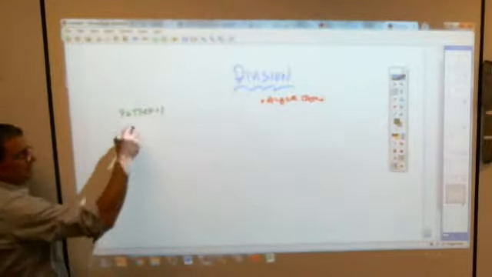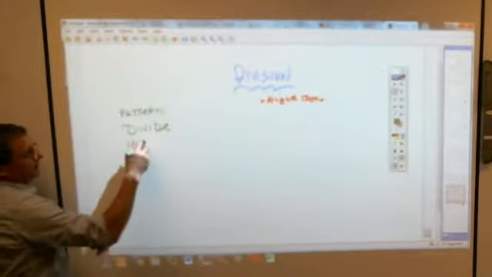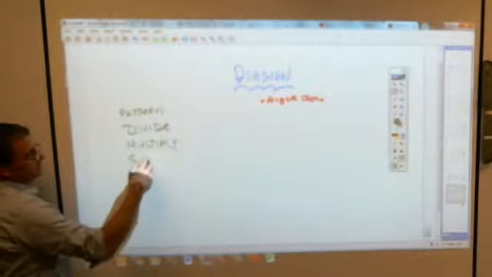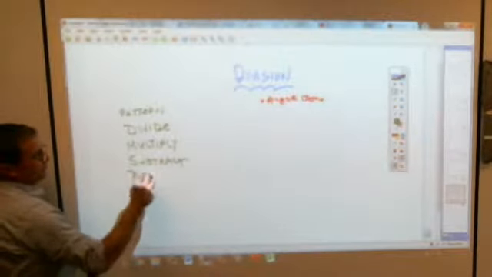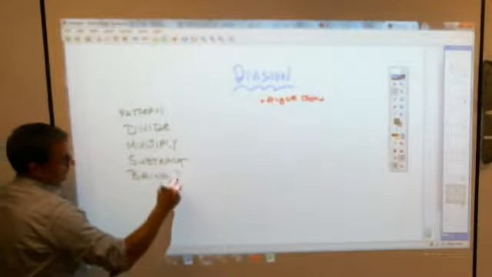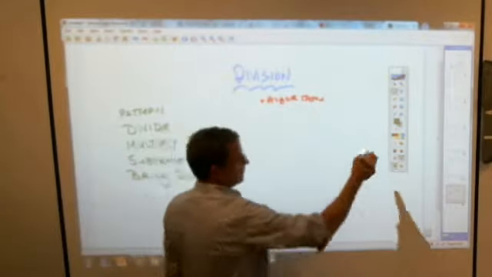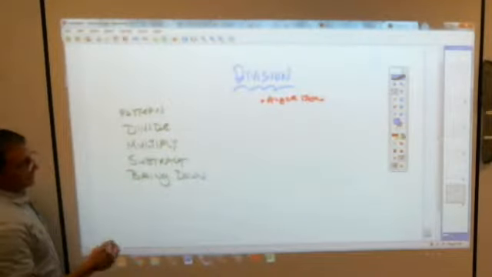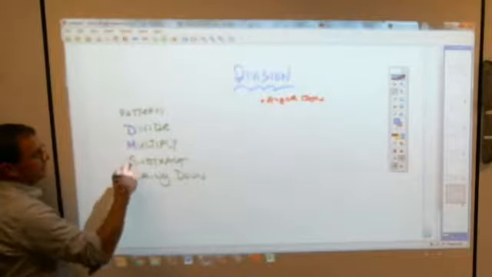You divide, you multiply, you subtract, and you bring down. Those are the 4 steps in pretty much any division problem. When it's real simple division, you just do the division and it's over. But if there are more numbers than that, you have to follow that little pattern.